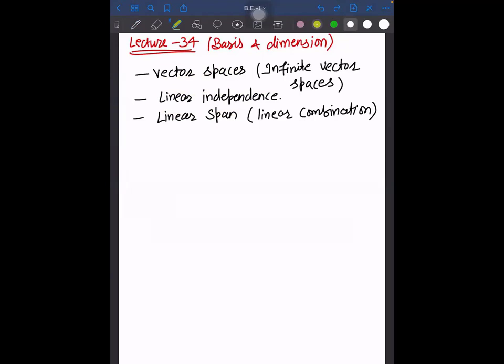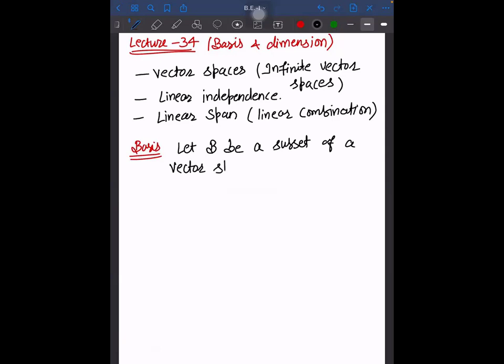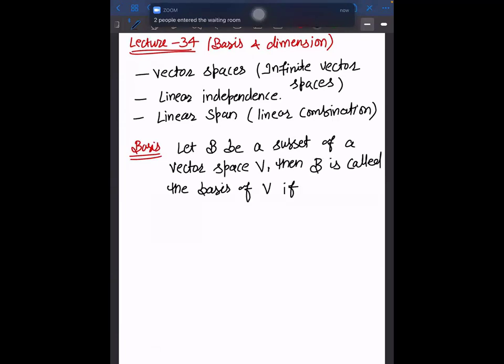So see, what is the basis? Let B be a subset of a vector space V, then B is said to be the basis of V if two conditions hold.